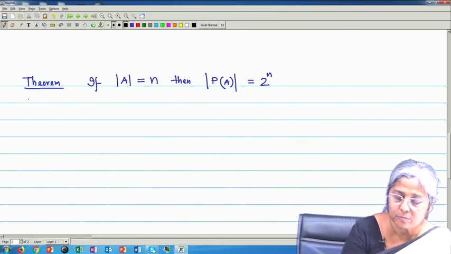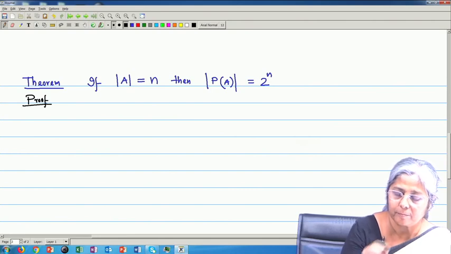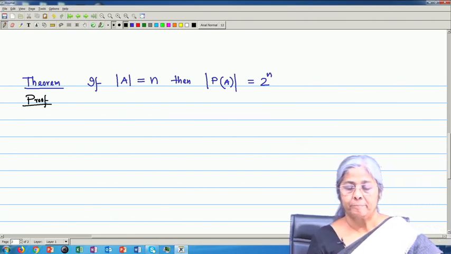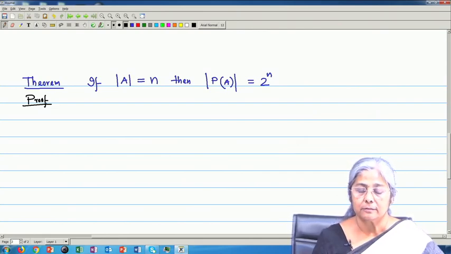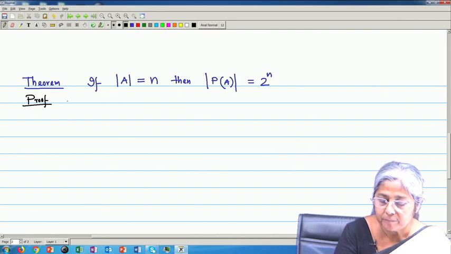Now, how to prove that? Before we give the proof, we consider the previous example.